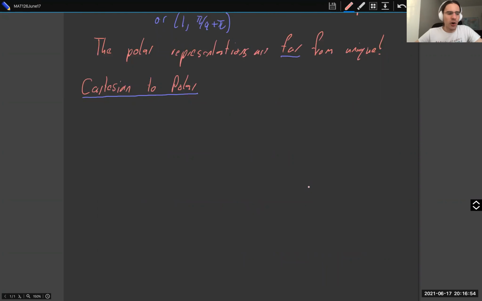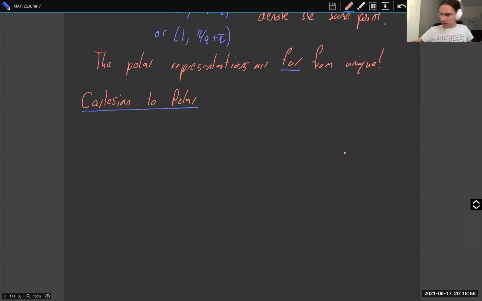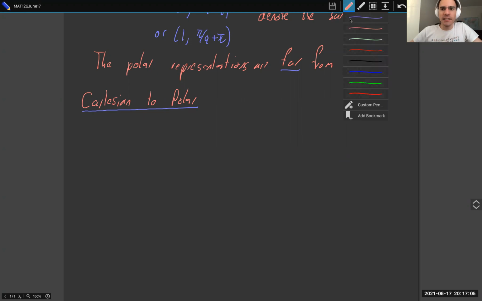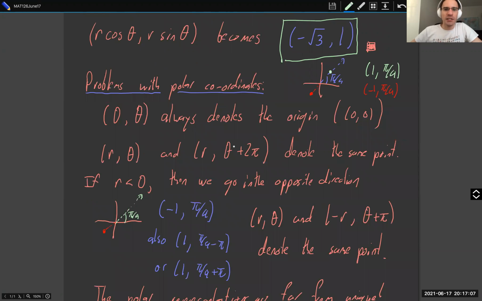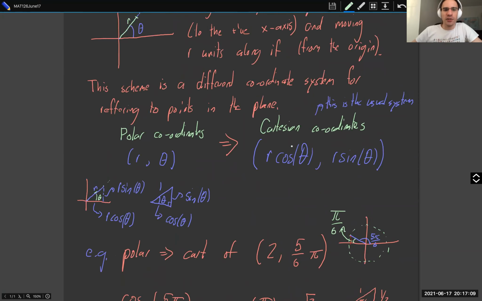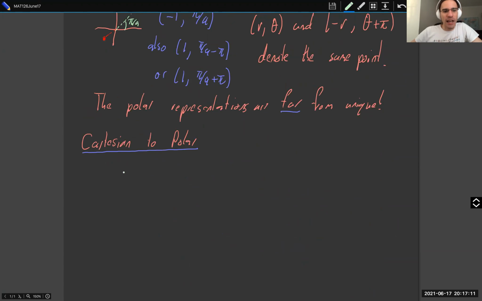Okay, let's consider Cartesian to polar coordinates. The way that I wrote it before was I wrote it in green, polar coordinates, Cartesian coordinates. So now suppose that we have Cartesian coordinates, and we care about the polar representation.